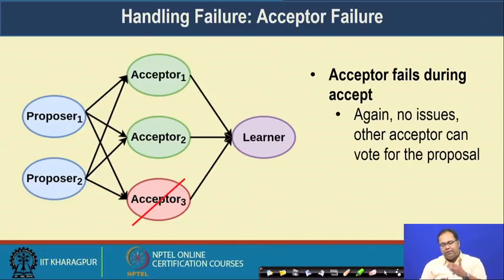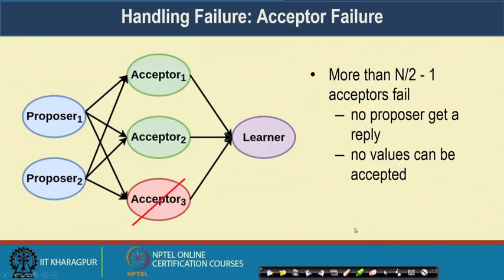Now, the acceptor may fail during the accept stage. Again, if the acceptor fails during the accept stage, you do not have any issue, because other acceptors are there who have already voted for the proposal. The only thing that you have to ensure is that at most n/2 acceptors can fail simultaneously, because you are going for the majority voting principle.